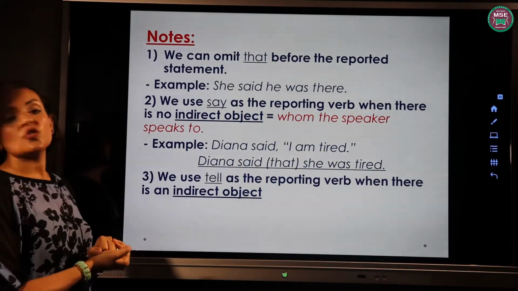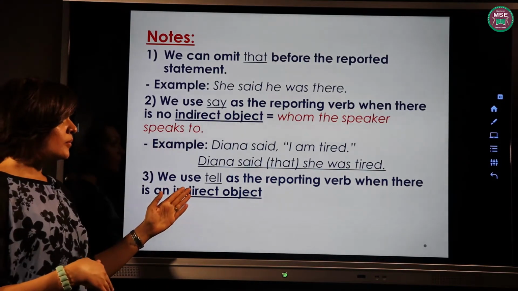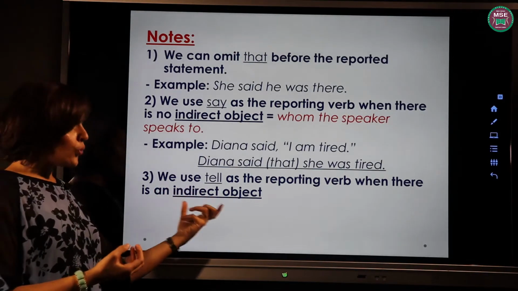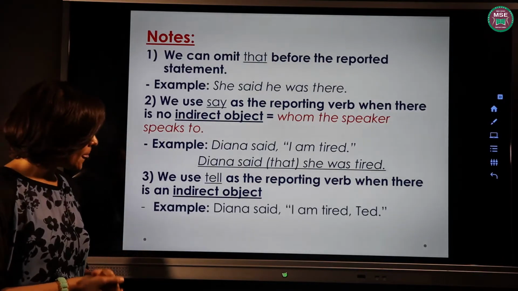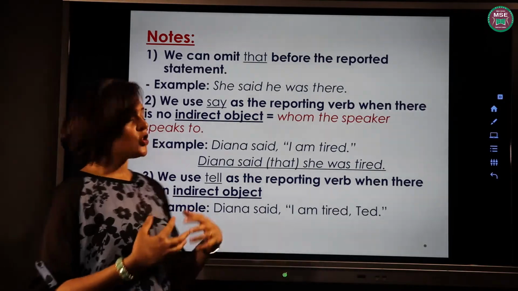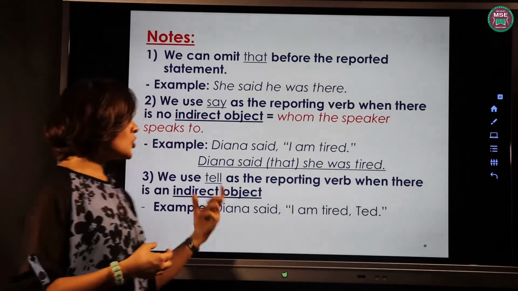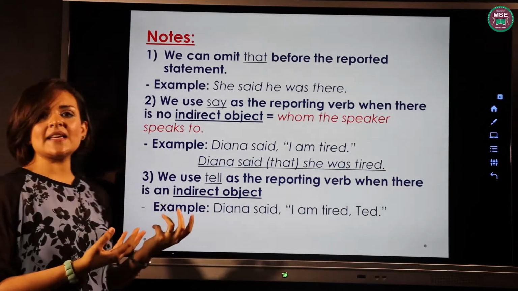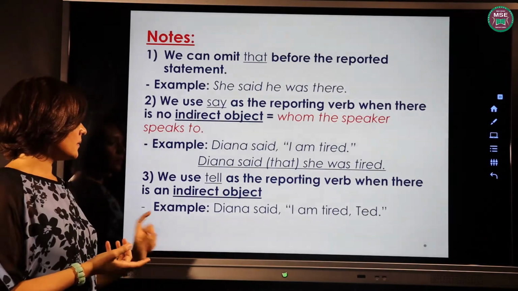What about changing said? We change said to tell when I have an indirect object which is very clear in the sentence, like this example. Diana said, "I'm tired, Ted." So here in this case, Diana is speaking to someone. So this person is called Ted. So in this case, I cannot say said, I must say told.